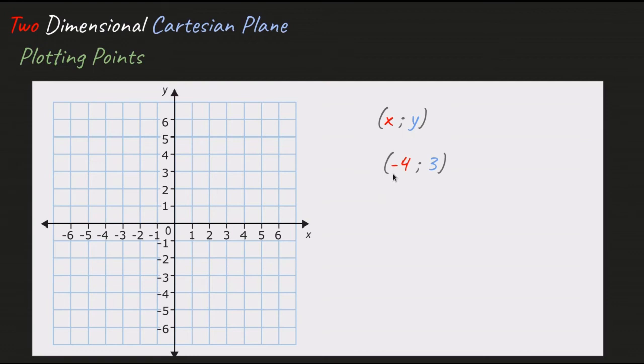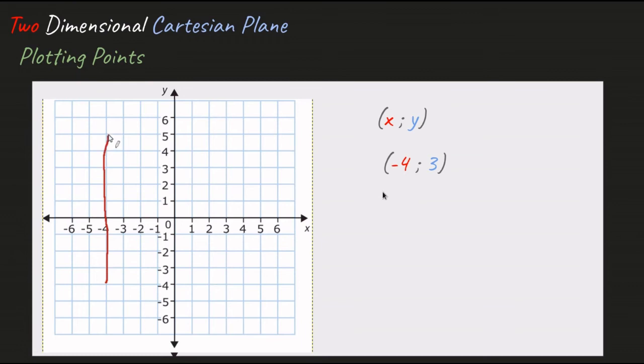How do we plot points? Our convention is we write a bracket, x semicolon y, close bracket. So where's (-4; 3)? Minus 4 x is along one line and 3 y is along another line.